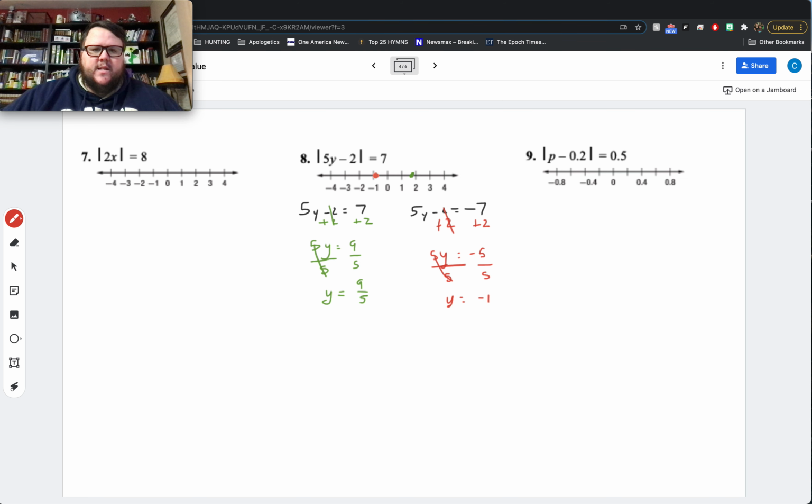So negative 1 is here. I'm going to plot my point. And so my solution set is y equals, solution set, negative 1, comma, 9 fifths.